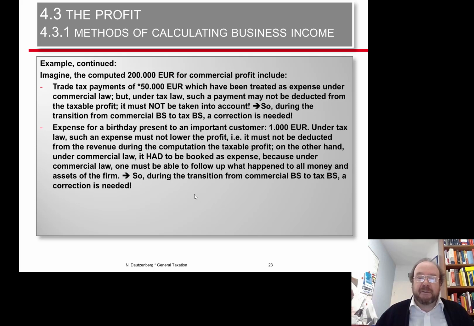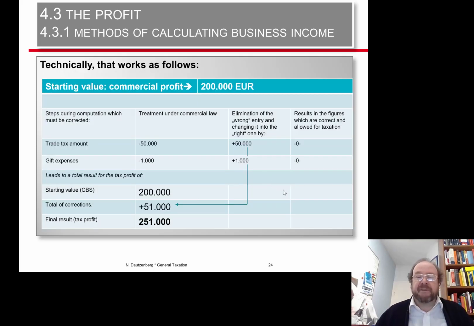So how would we deal with that? Well, here you see. We take our commercial balance sheet. We have a commercial profit in the end of the profit and loss statement, 200,000. Then we begin to review the entries. Okay, trade tax amount. There was a book entry minus 50,000. We are not allowed to make that entry, so we have to reverse that.